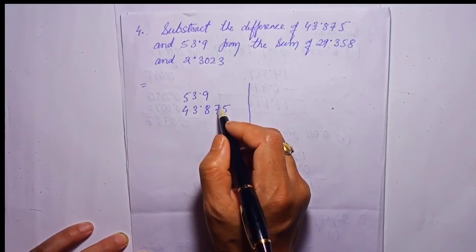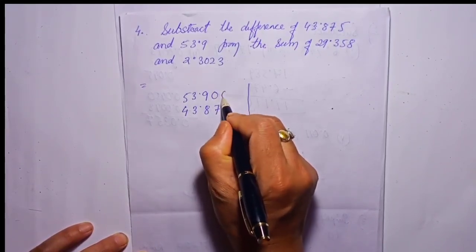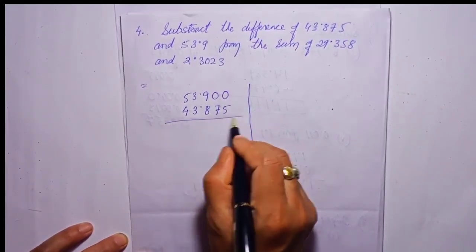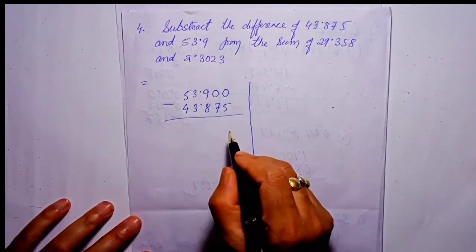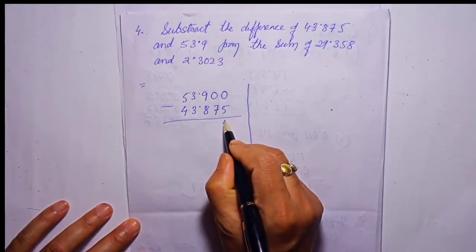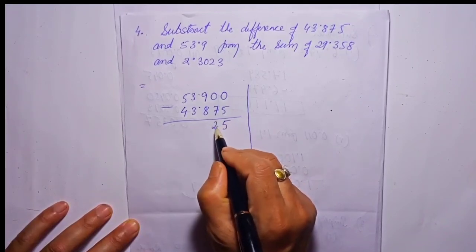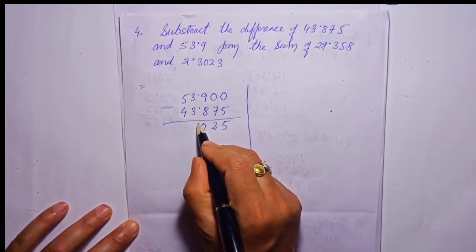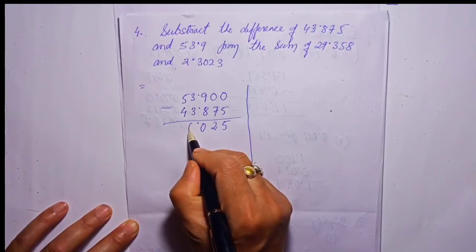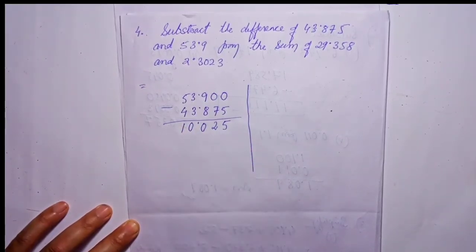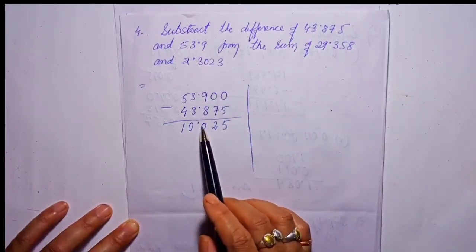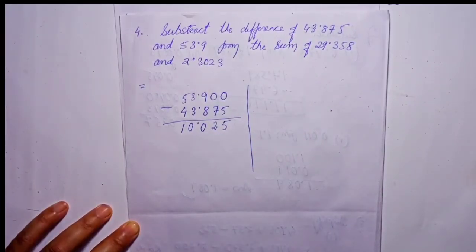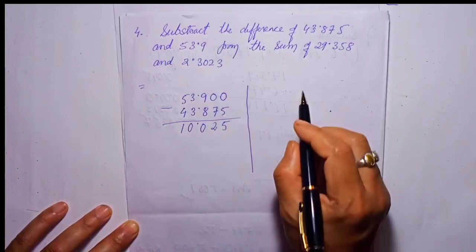Fine, you make like fractions. If you do this, you can get this 5, this 2, it will become 0, it also becoming 0, it will become 1. That is, the difference between this number and this number is 10.025.